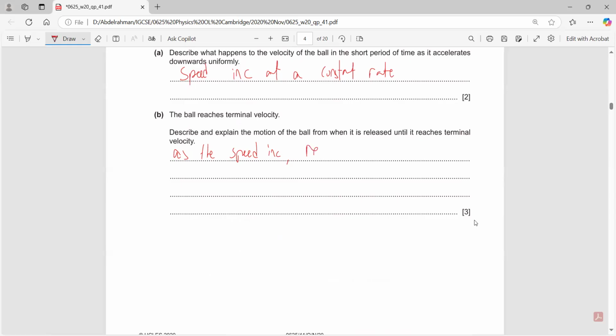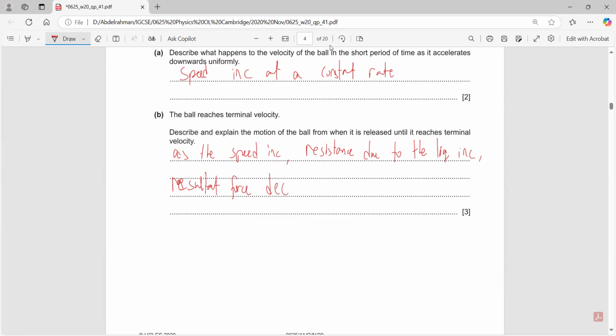So the resistance due to the liquid increases. As the resistance increases, what happens to the resultant force? The resultant force decreases.